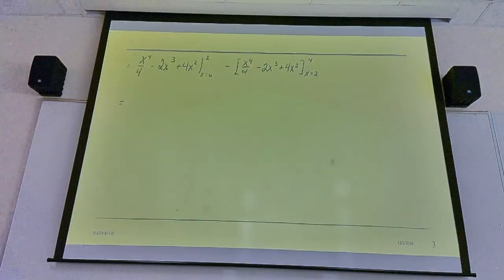What is 2 to the 4th? Over 4. What is 2 cubed times 2? What is 2 squared times 4?